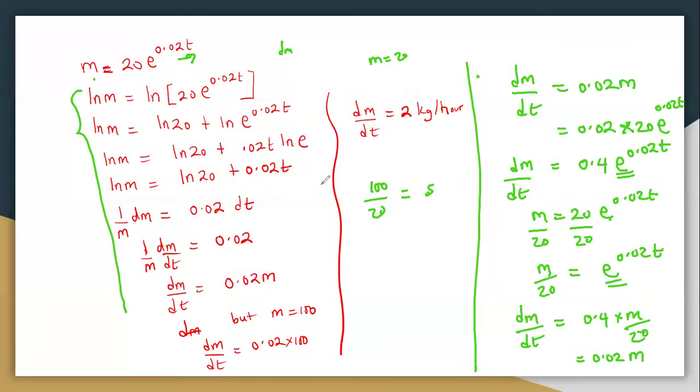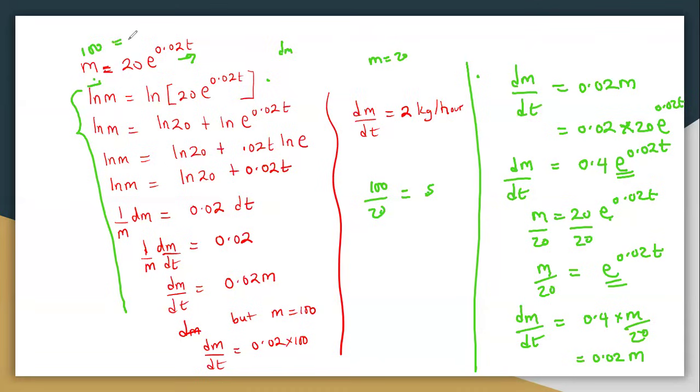I don't know if it's correct. I got ln 5 over 0.02. At what point did you substitute? From the first point, from this m equals 100 here. Yes, I replaced it by 100.